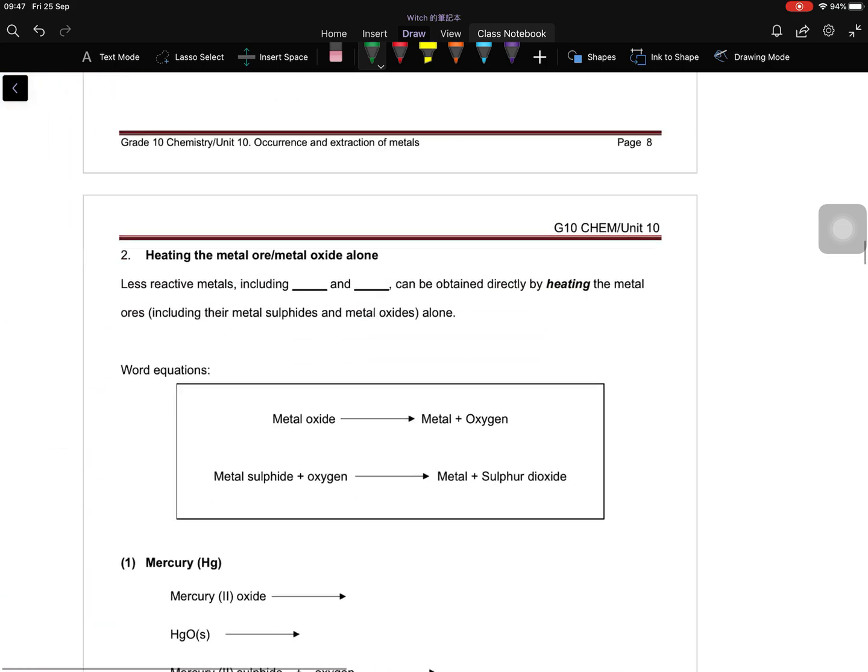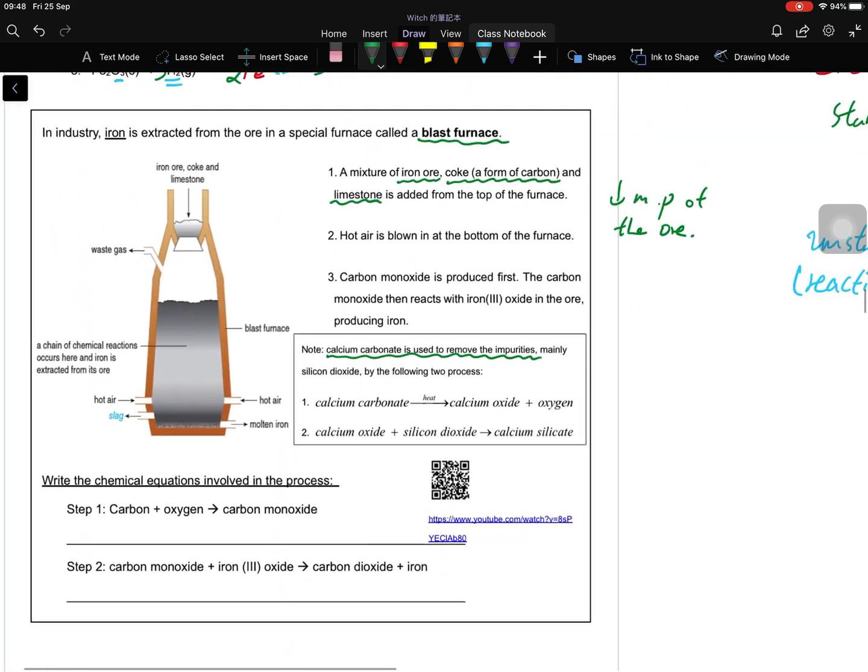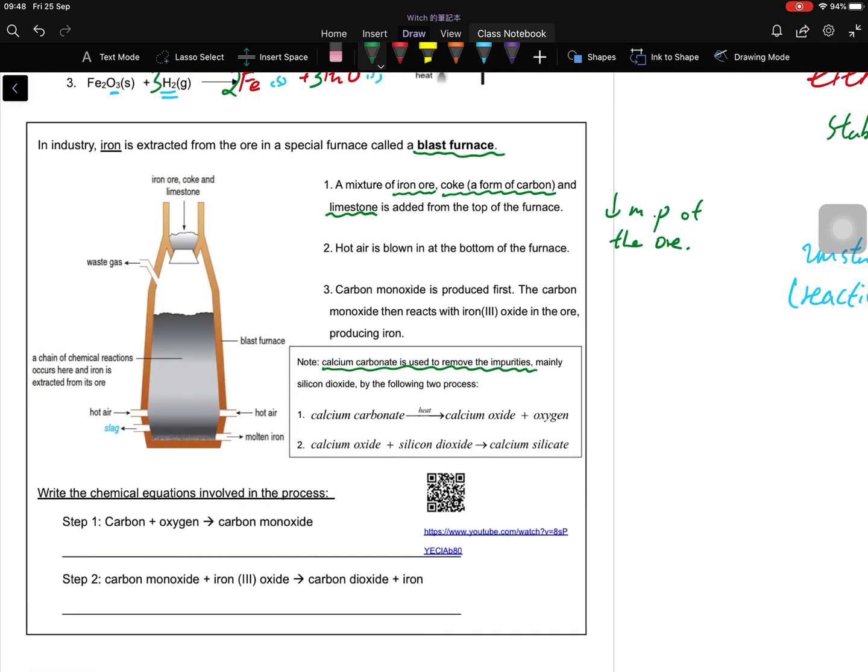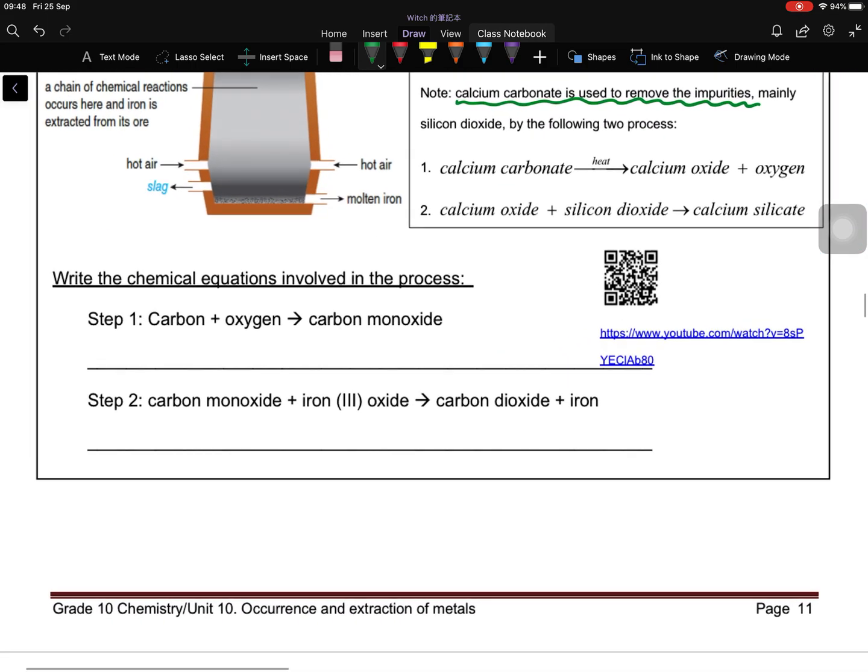Well, next. Inside there, it involves 2 steps. The first step is the carbon combining with oxygen to form carbon monoxide. And the second one is the carbon monoxide combining with iron ore to form carbon dioxide and iron.